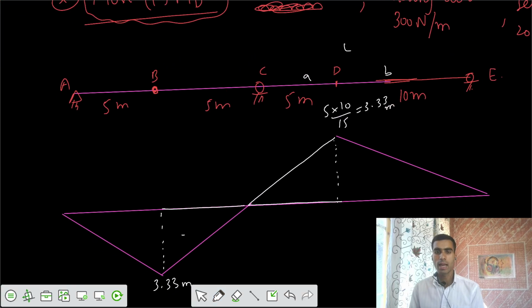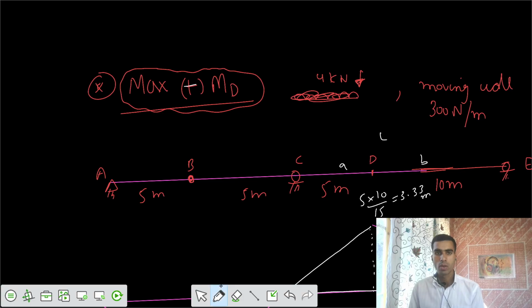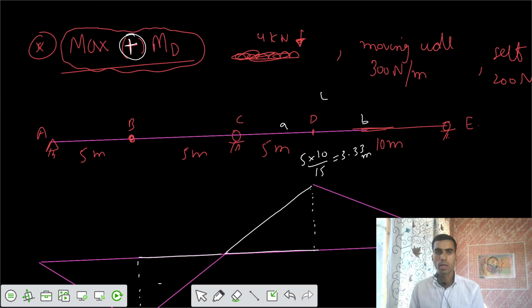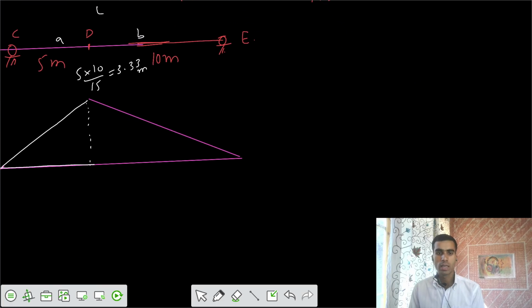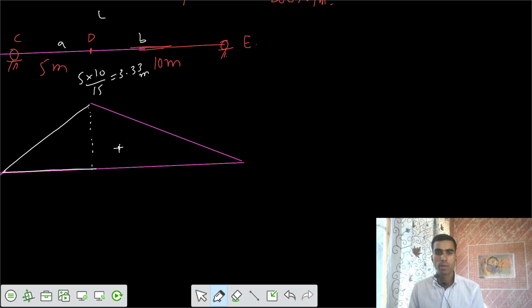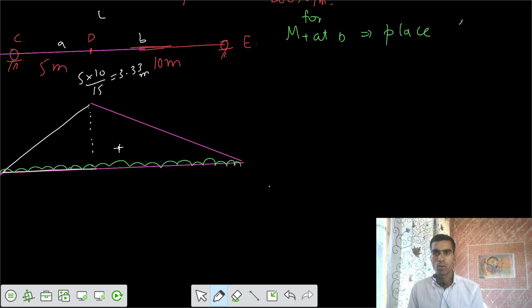Now the problem is saying maximum positive bending moment. If it's talking about positive bending moment, that means the moving load should be placed only on the positive side. If I place the UDL for the entire length on the positive side, I would get positive bending moment at D. For positive bending moment at D, place loads only on the positive side.